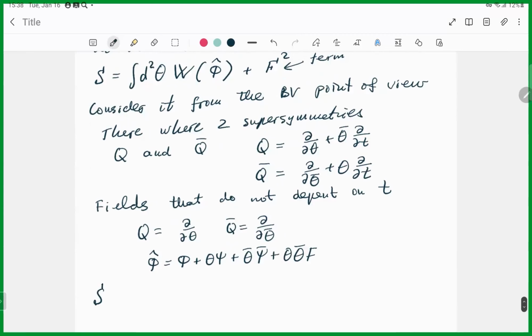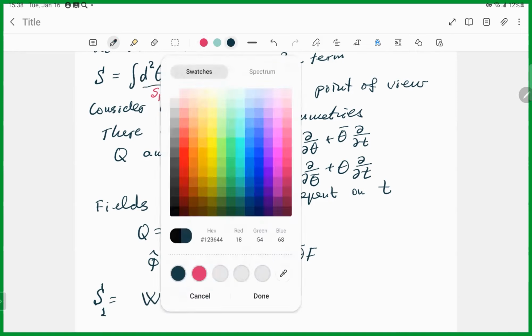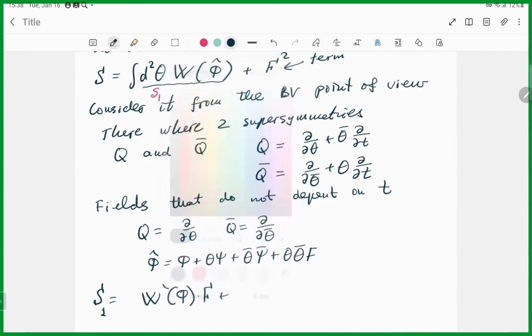So the action S was W prime of phi f, let me call it S1, plus W2 prime of phi psi psi bar.